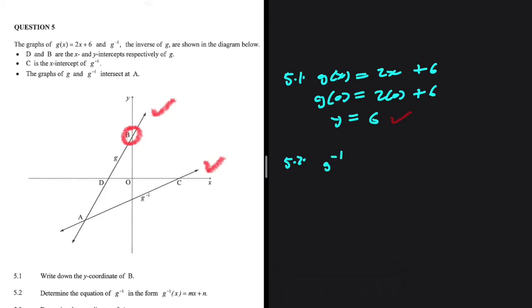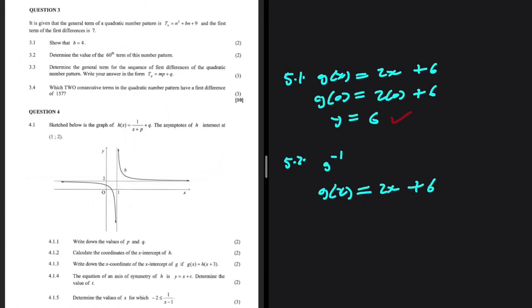Let's take a look at 5.2. Determine g inverse in the form g inverse equals mx plus n. We know that g of x equals 2x plus 6. In order to find the inverse, we need to swap x and y and solve for y. So in place of y, we're going to put x, and in place of x, we're going to put y, plus 6.